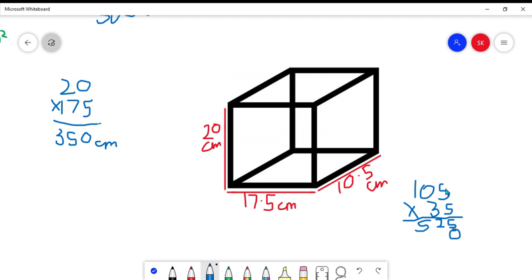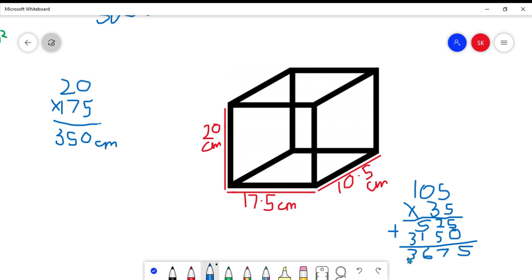And then 5 times 3, 15. 3 times 0 equals 0. Add the 1 placeholder. Then 3 times 1, 3. And now we just add them together. 5, 7, 6, 3.